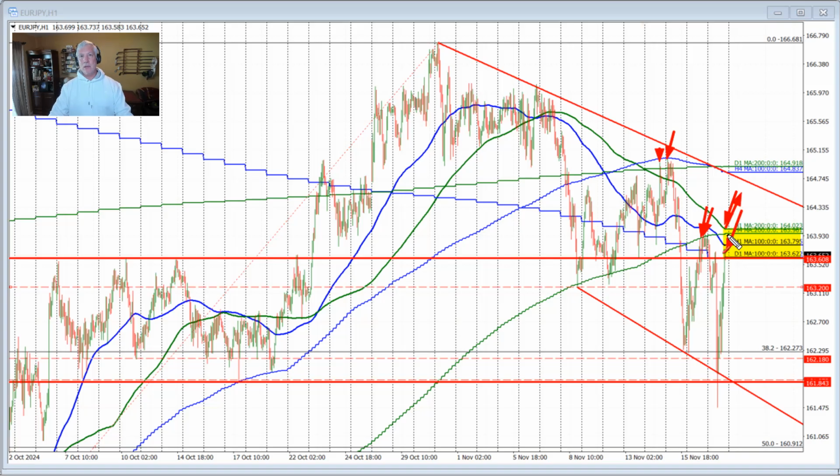However, conversely, if the price were to find sellers within this area, you could see the price start to move back down again, breaking below this level right here, which was a double bottom or near a double bottom, going back to those dates near 0.6320.